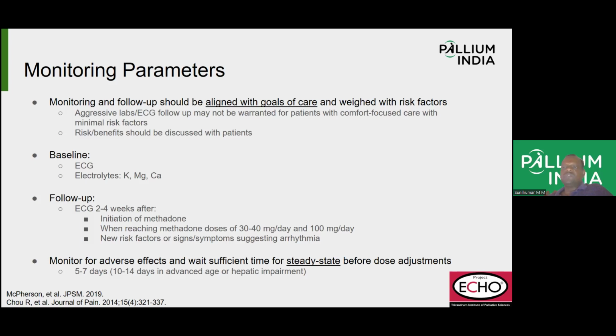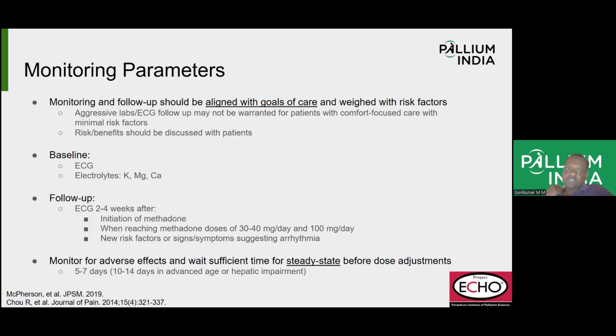We are not going to treat him very aggressively, or they are not suitable for any interventions from any other specialties. In such patients, the goal of care is comfort care. So you need not worry about these investigations. But if the patient is undergoing any palliative or oncological interventions, then you should check baseline ECG and also electrolytes.